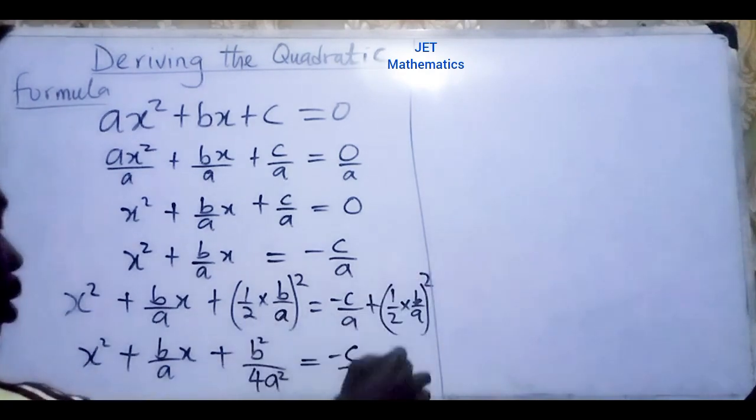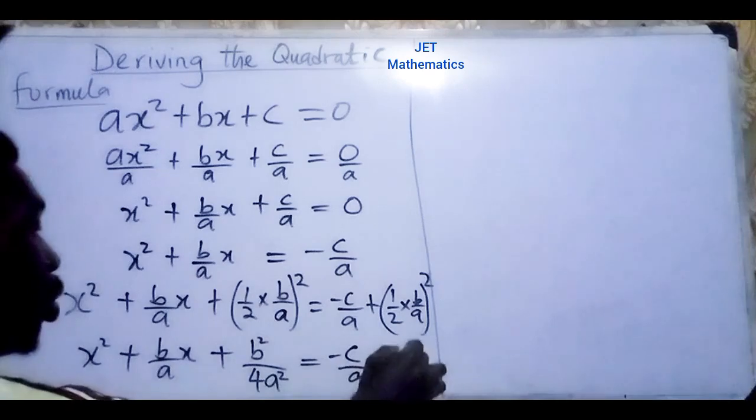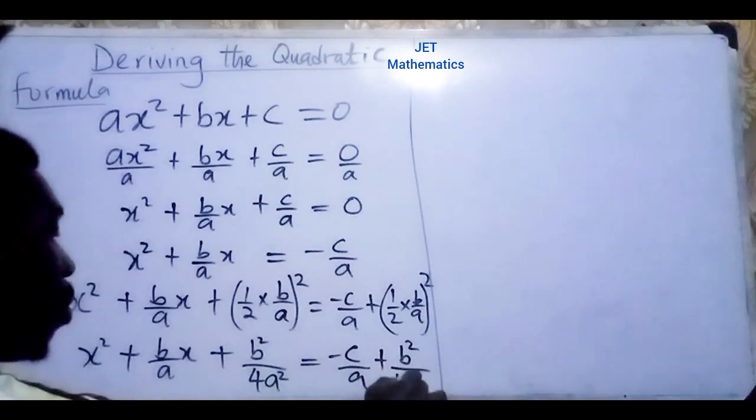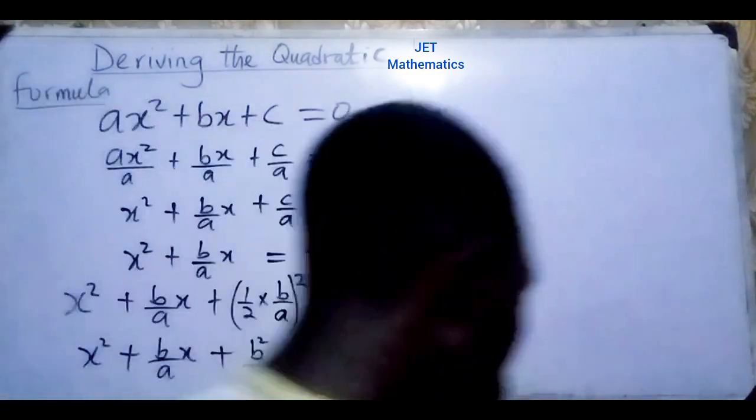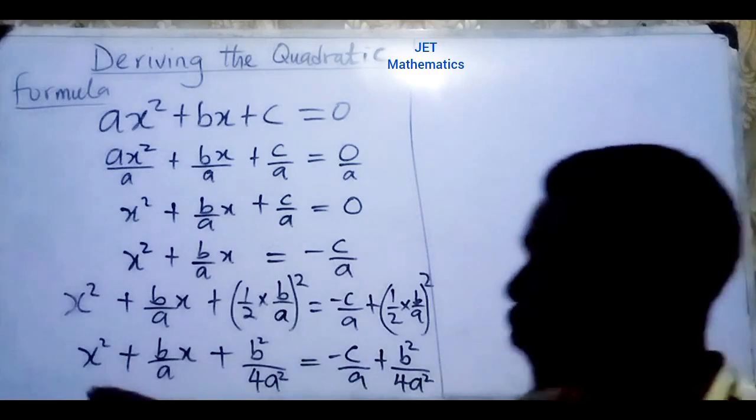Applying the same thing here, you get plus b squared over 4a squared.